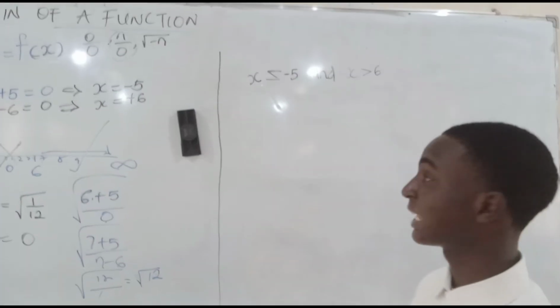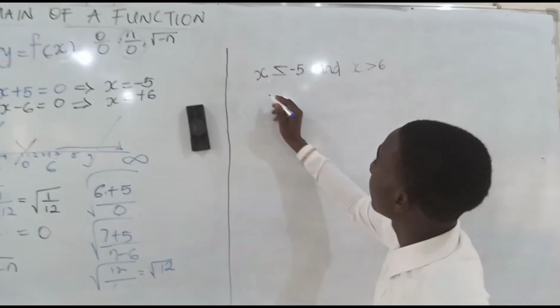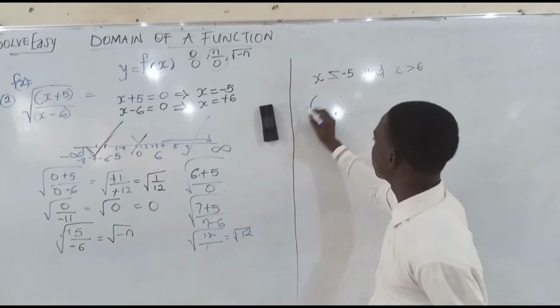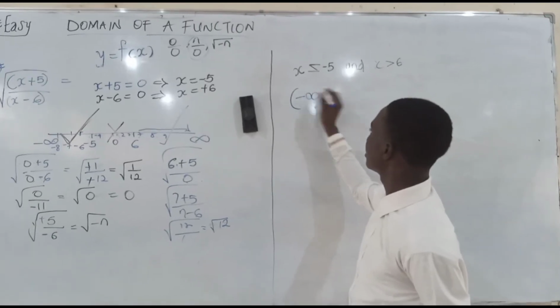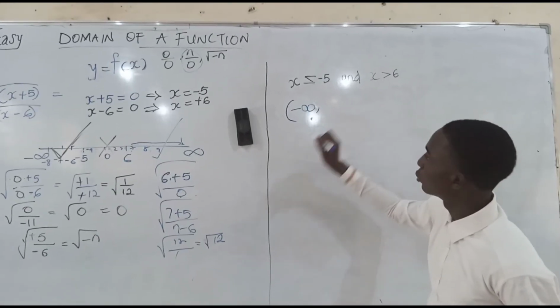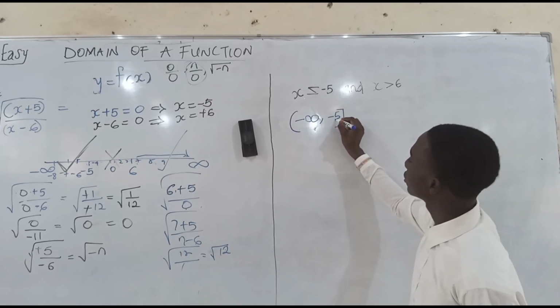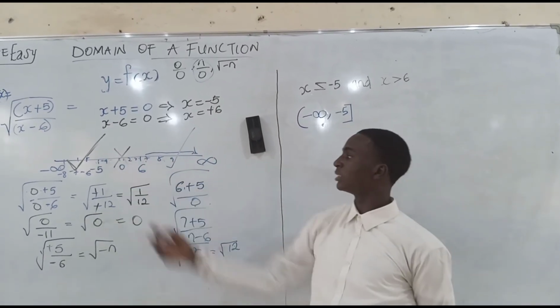To write this in bracket form, since it starts from negative infinity, you open the bracket at negative infinity, and close the bracket here at negative 5, because negative 4 gives us an undefined value.